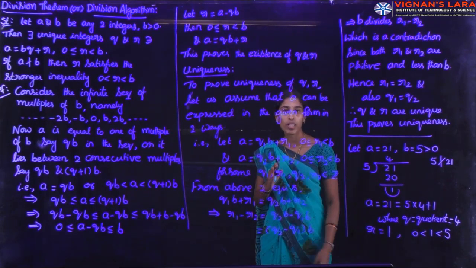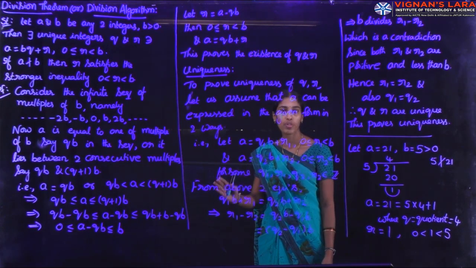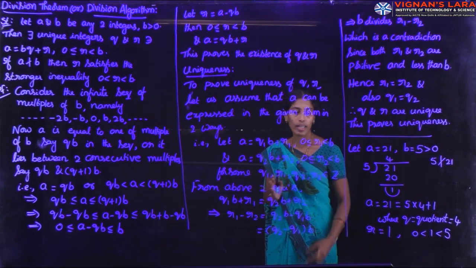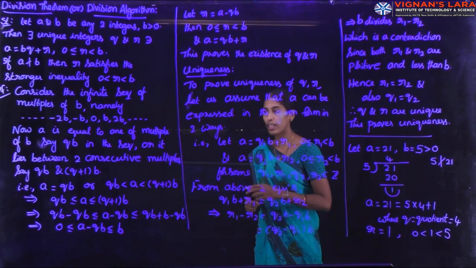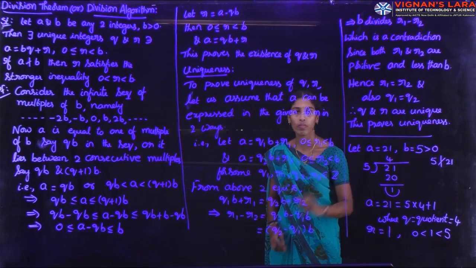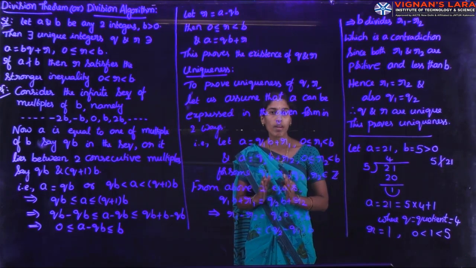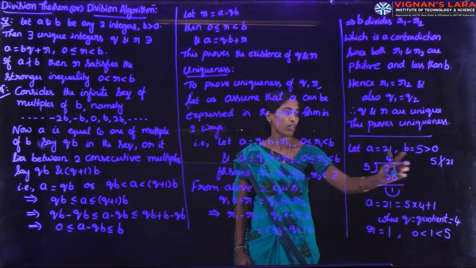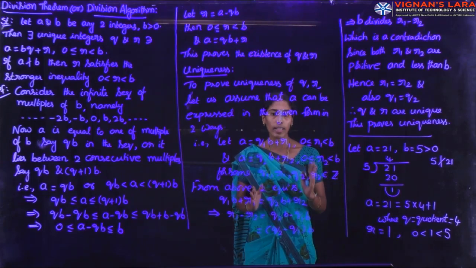In the negative side, minus 5, minus 10, minus 15, minus 20 and so on, right? Here, if we consider multiples of 5, like that we are getting. What is A value here? 21. This 21 lies between two consecutive multiples of B. 21 lies between 20 and 25.